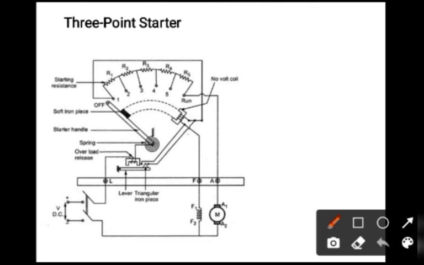So the first function of the NVC coil is to hold the handle at the final position, and the second function is this: in case of supply failure, the current flowing through the NVC coil is 0.